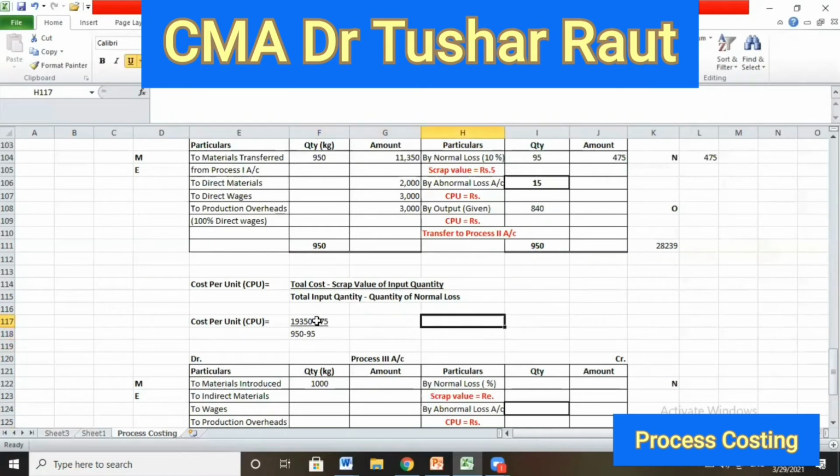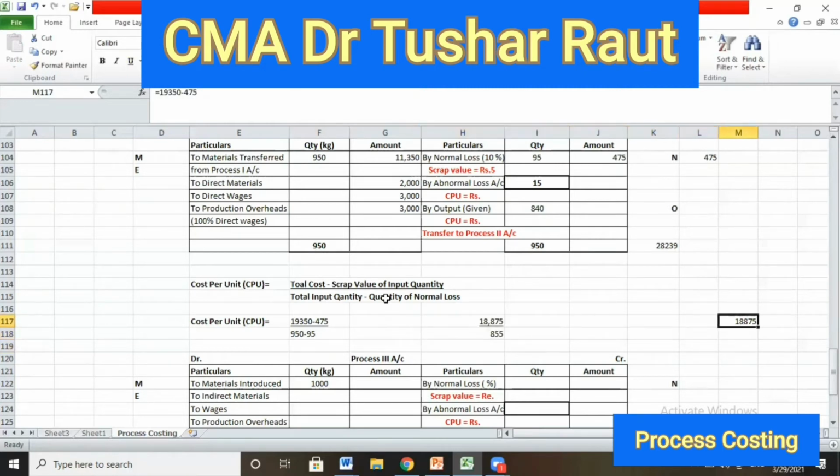As per this illustration, we must calculate 19,350 minus 475 is 18,875. 18,875 upon 950 minus 95, which will be 855.